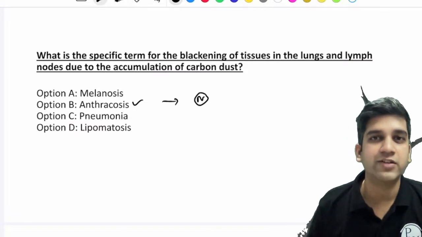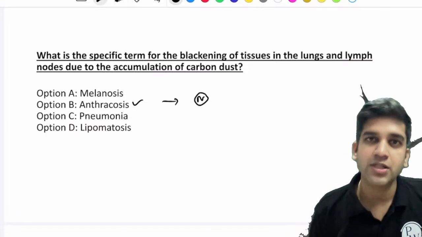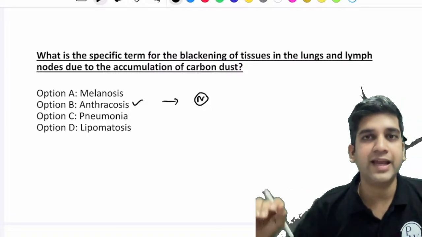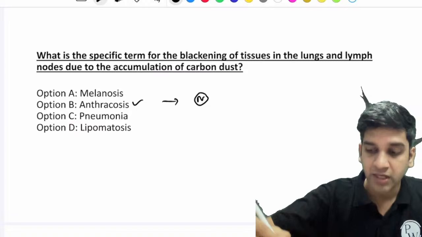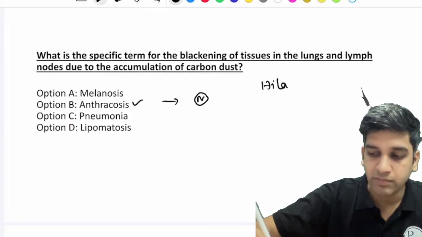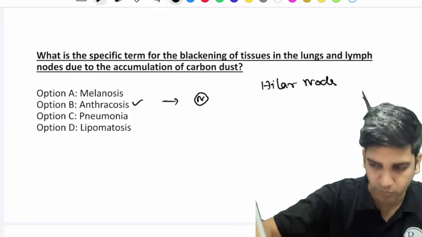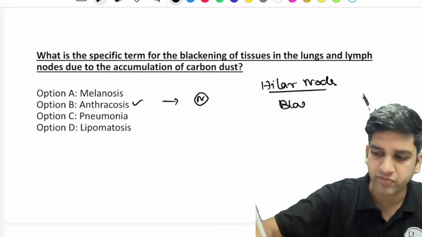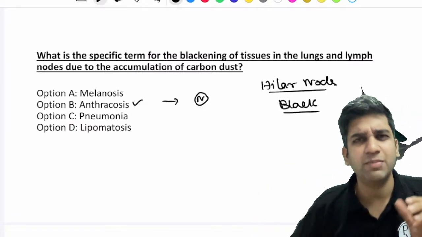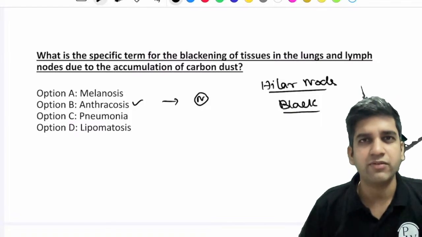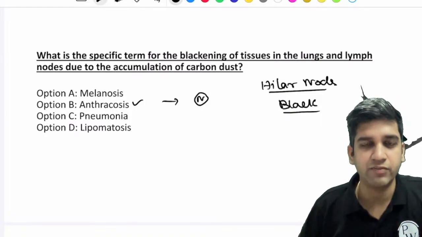If you're in a carbon negative environment, yes, you might not have anthracosis, but if you breathe air in a polluted area, it will get deposited in the lung as well as in the hilar node. Remember this, a person's hilar node will be black. Most of us, if you're an adult living in India for quite some time, or any part of the world that's polluted, will have a black color hilar lymph node.